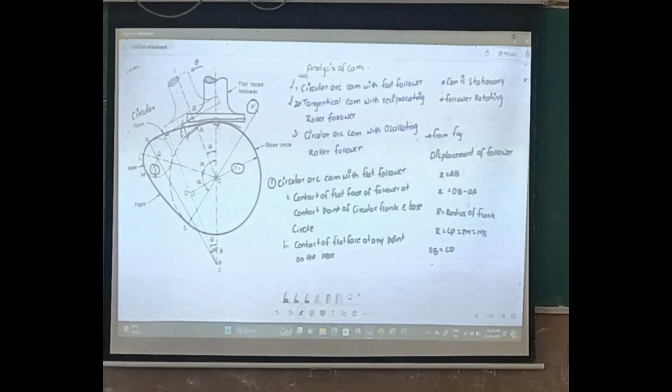Similarly, from the figure we can say that OA is equal to OE. Why? Because A is a point on the minimum radius circle.